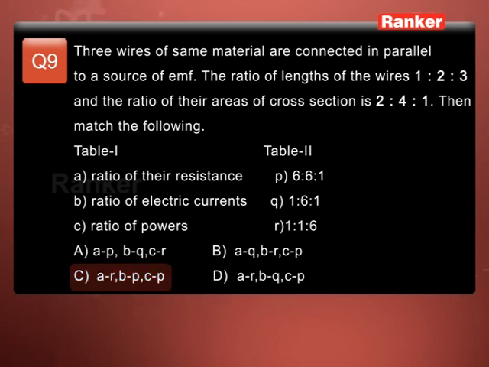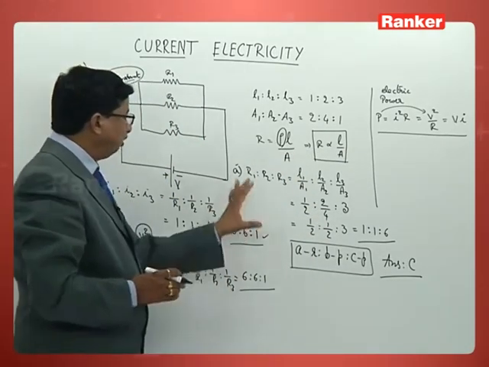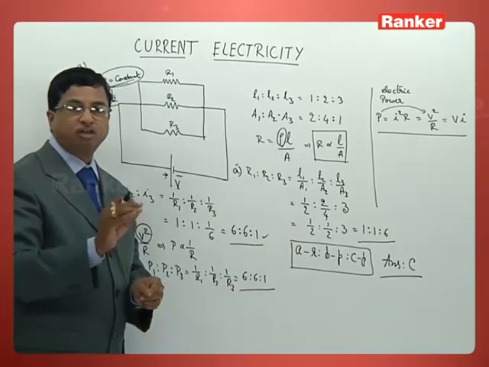Then what is the correct option? A to R, B to P and C also to P, that is the third option which is correct. The fourth option, A to R, B to Q and C to P, is also equally wrong. So the correct option for this match is C.